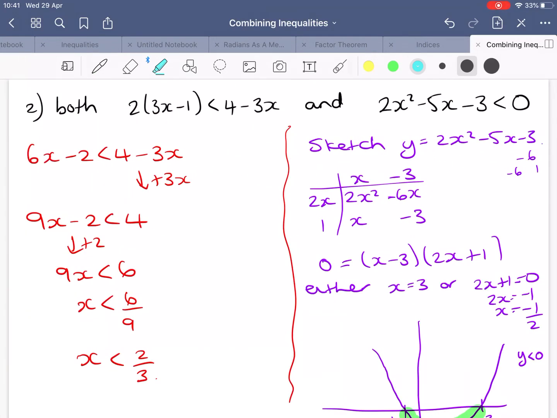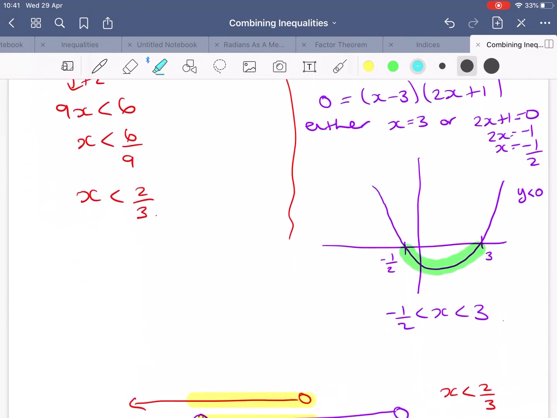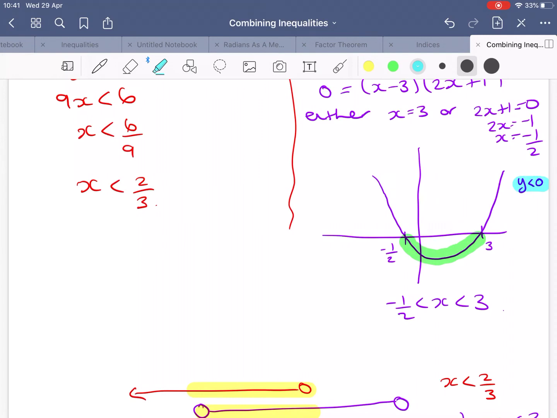Okay, so again, linear inequality, hopefully you could follow that. The quadratic, slightly more complicated to factorise, but again, we want to draw the inequalities when the y is less than 0. So we want the y to be less than 0, so we want underneath the curve.